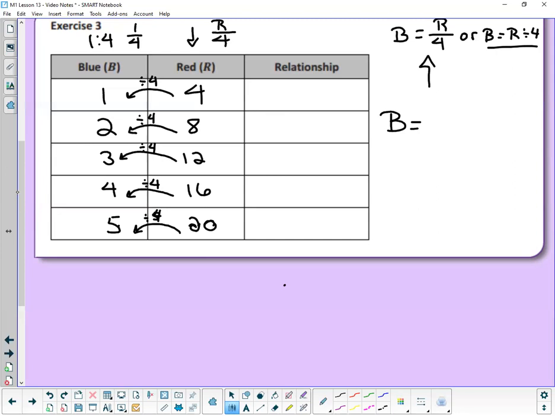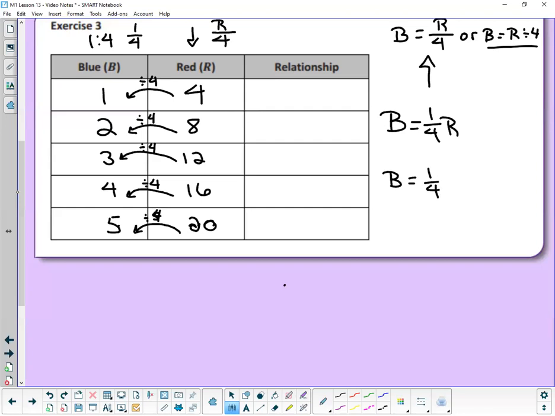Remember, the value of a ratio is the ratio written as a fraction in lowest terms. So I actually also could write it as blue equals 1/4 R. How's that work? Well, we know that we can also do this. Blue equals 1/4.